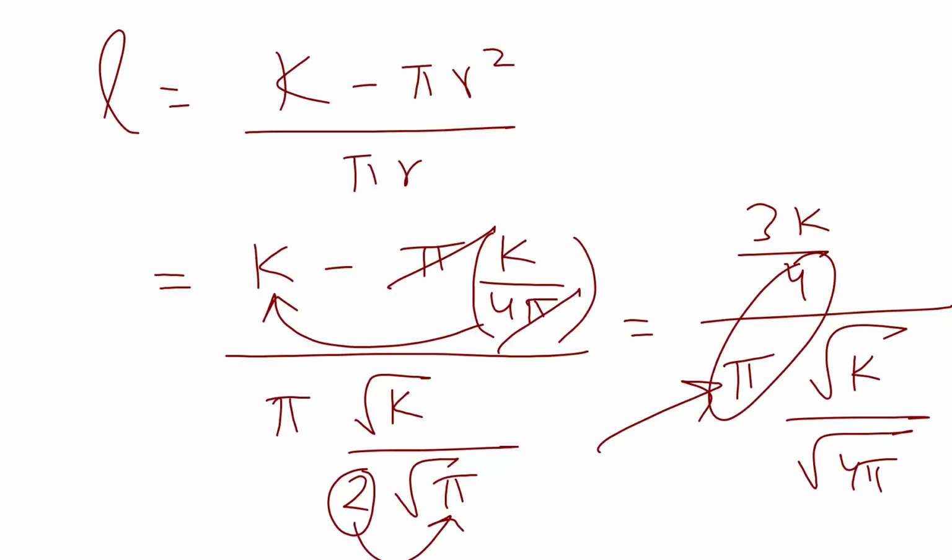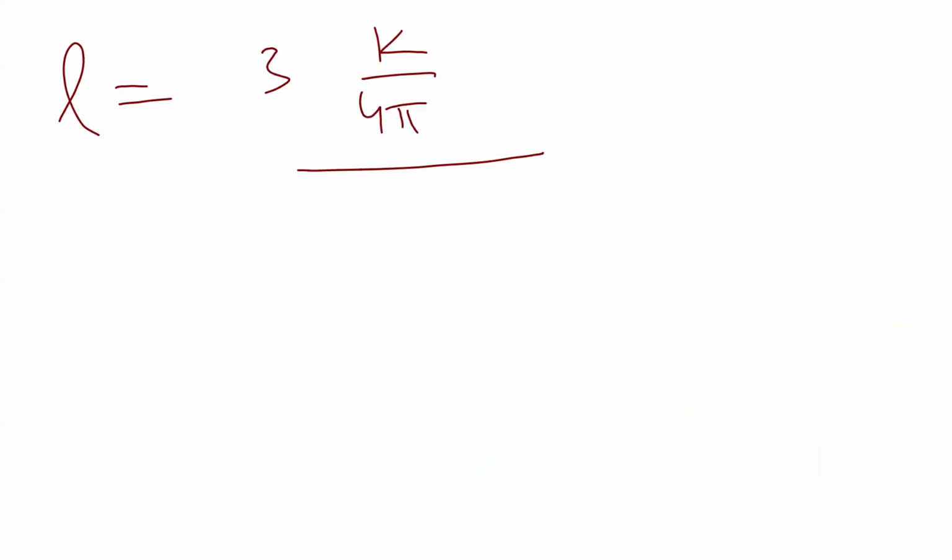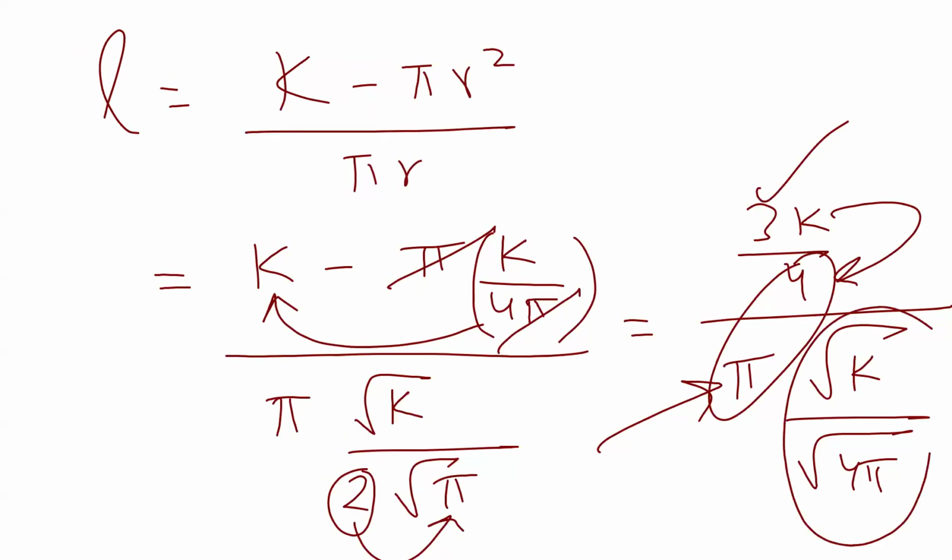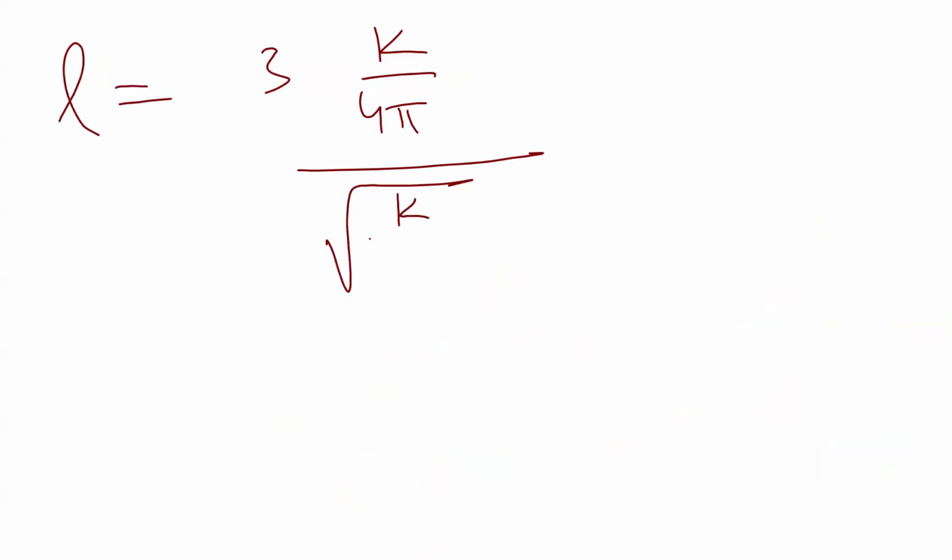The next step will be 3k upon 4 pi upon this entire root k upon root 4 pi. I'll just club the root.